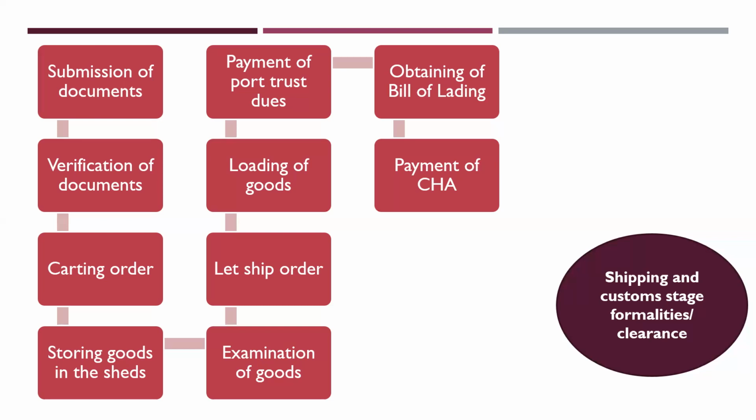After loading is completed, the chief mate, that is the chief cargo officer on the ship, issues the mate receipt. What is the mate receipt? See, the goods are getting transferred from one person to another. Okay. Exporter से CHA, CHA से port officers को, port officers से अभी they are going to get transported into the ship, and that ship will be led by the chief mate. तो उसको हम लोग कहते हैं mate officer as well.